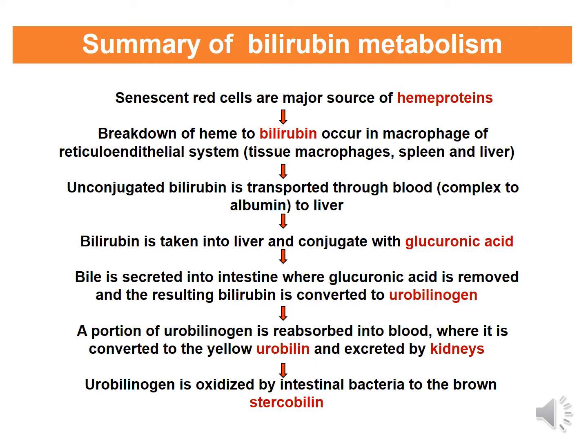Bile is secreted into the intestine, where glucuronic acid is removed and the resulting bilirubin is converted to urobilinogen. A portion of urobilinogen is reabsorbed into blood, where it is converted to yellow urobilin and excreted by the kidneys. Urobilinogen is oxidized by intestinal bacteria to the brown stercobilin.